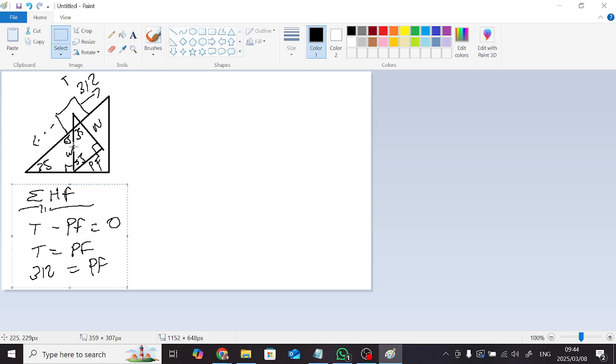Okay, so now we know that this W force, W is going to be equal to PF sine 55, right? Which is this angle over there. Okay.